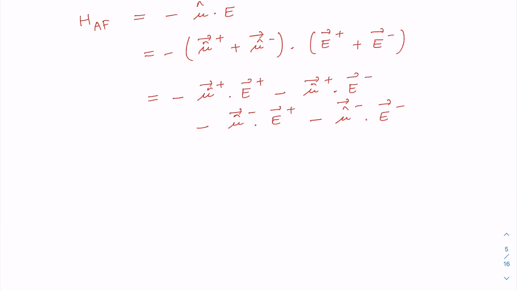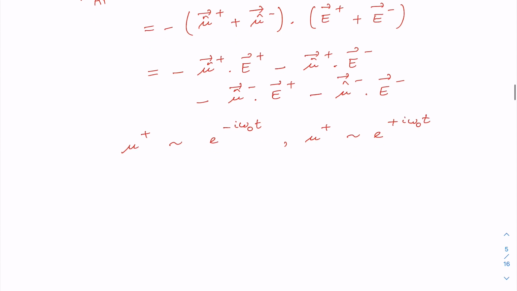Now let me again write that mu plus varies with time as e to the power minus i omega 0 t, mu minus varies as e to the power plus i omega 0 t, and E plus varies as e to the power minus i omega t, and E minus varies as e to the power plus i omega t.